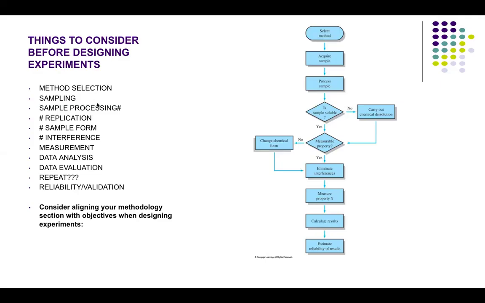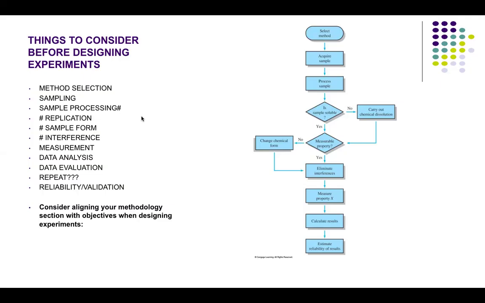Okay, so think about yourself using HPLC, because this is a very common method. You need to do some sampling. When you are given some samples, you have to think about how I should prepare the sample. So you have to understand there is sample processing that has to be done.